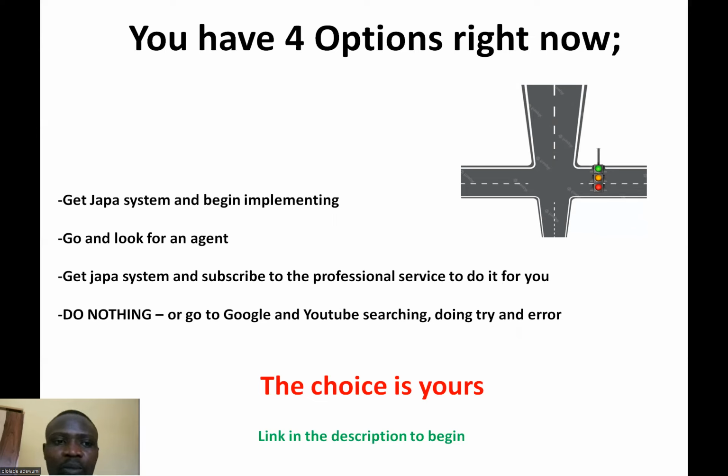Option number 2, you can go and look for an agent. I'm not asking you not to look for an agent, but be careful. Don't go and waste your money. You have seen Japa system, you have seen testimony, you have seen with your eyes that it is working. Don't give money to somebody whose track record and success story you don't know.